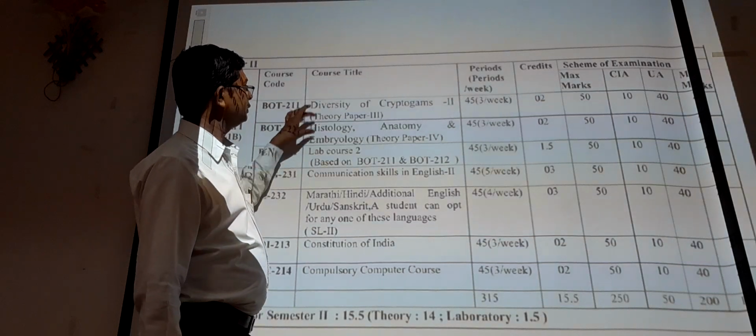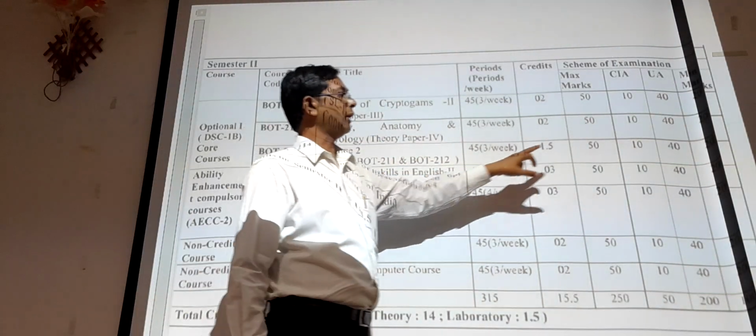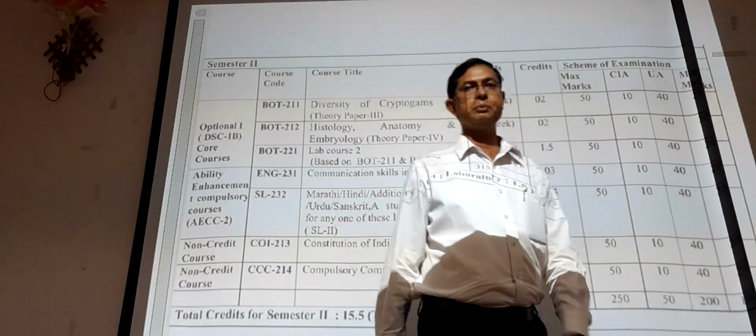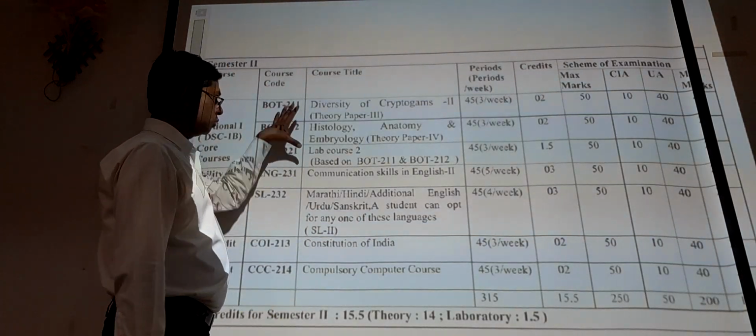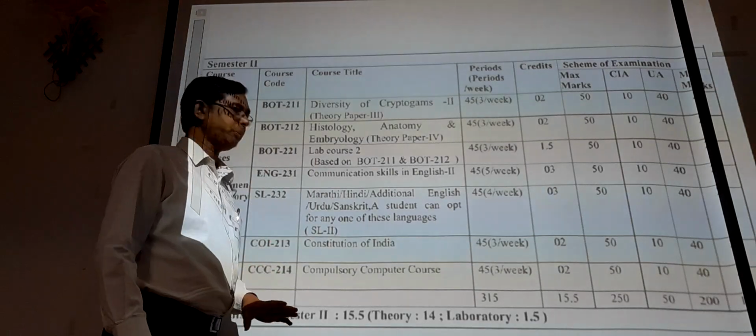So on these 2 theory papers there is again 1 practical which is having 50 marks, then 10 marks for internal and 40 marks for practical performance in an examination. So this is nothing but the total scenario of the theory and practical.